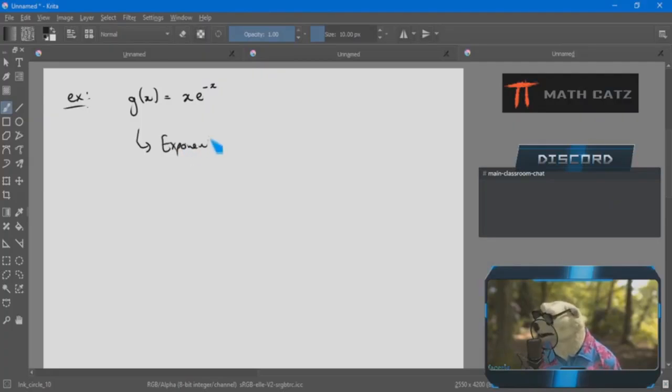So now I identify this type because I see an e to the x, or some e to the something. Now we'll mainly stick with the natural base, but it could technically be anything.